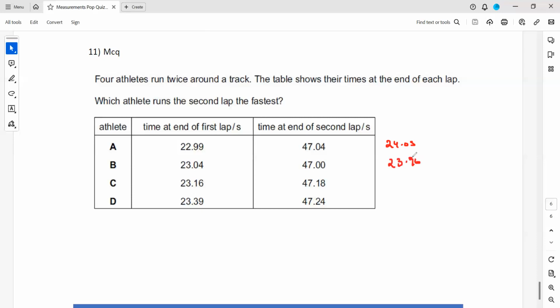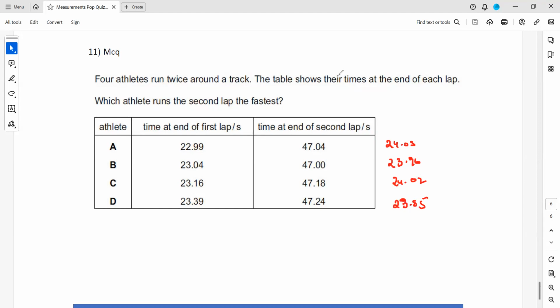The third one, 47.18 minus 23.16, the time interval is 24.02. And the last one, 47.24 minus 23.39, that will give us 23.85.